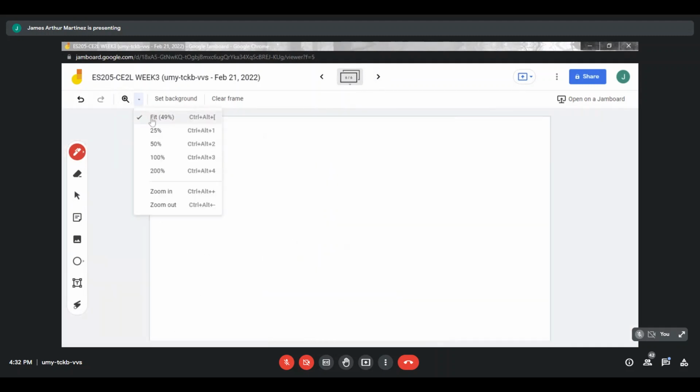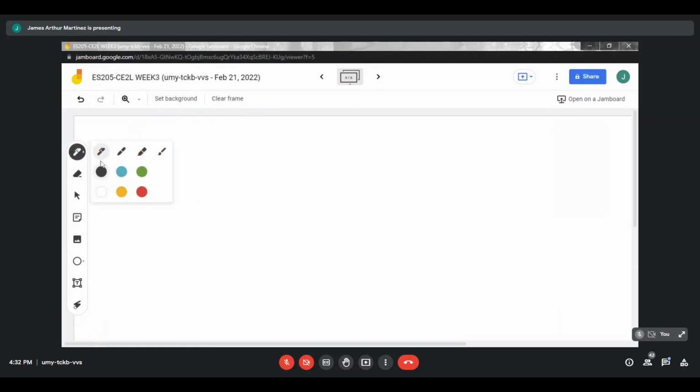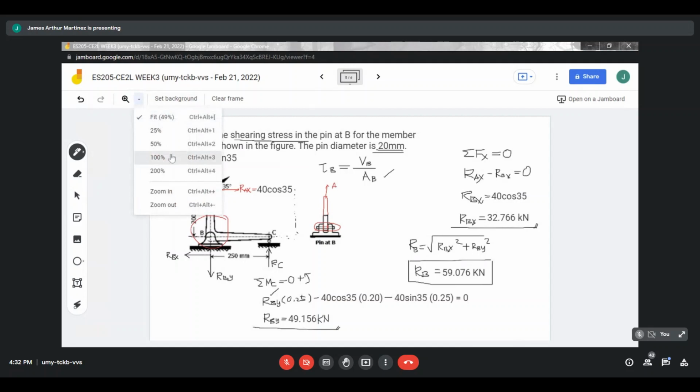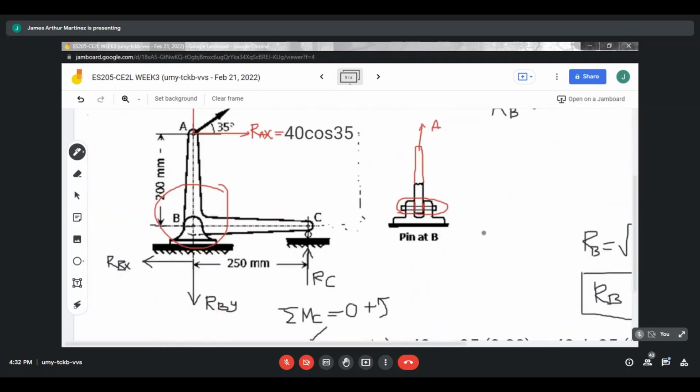Shear stress is equal to V over 2A, because it is double shear. So what happened is that at point B, the bolt has a shear force of RB.